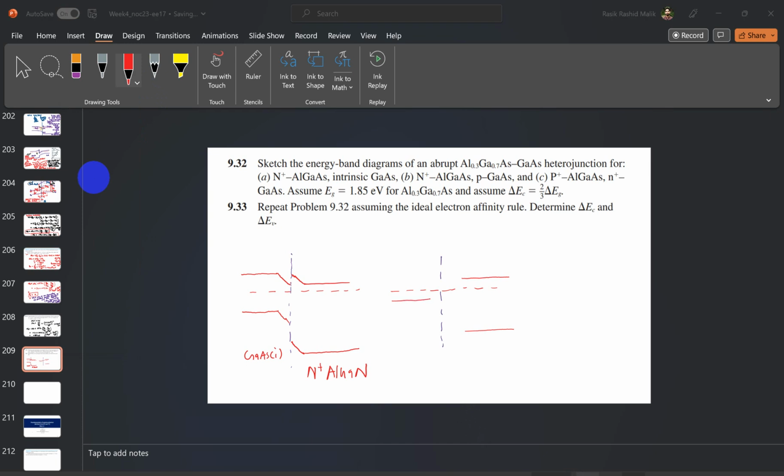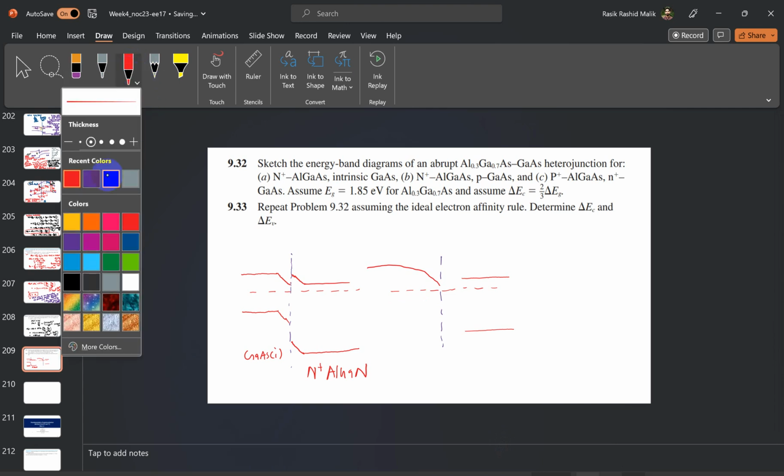From the P type it will be less P type near the interface, so here there will be more bending, in case of the narrower band gap material.